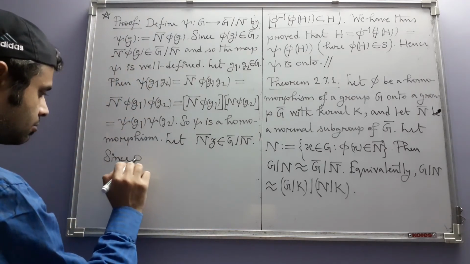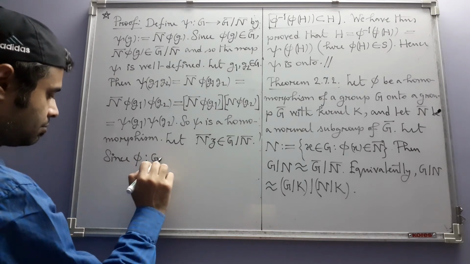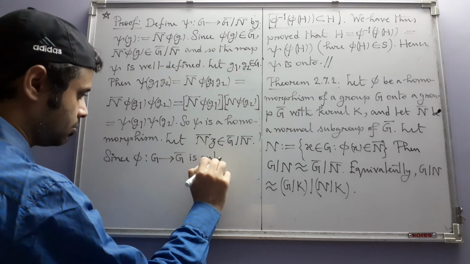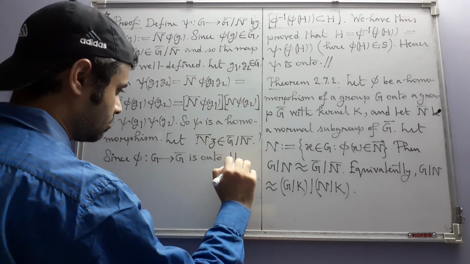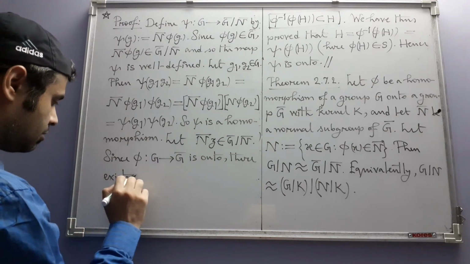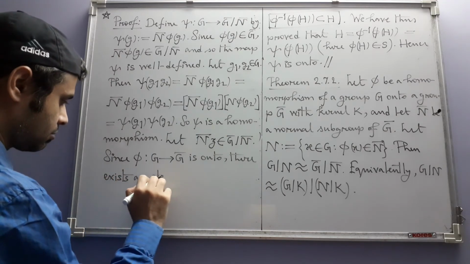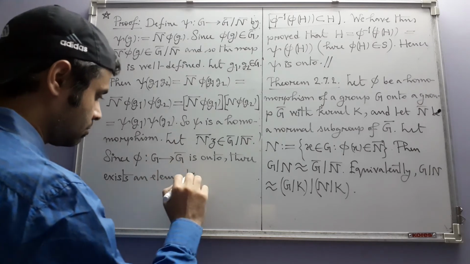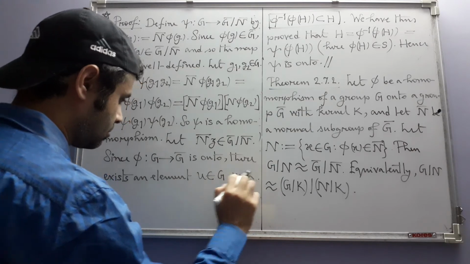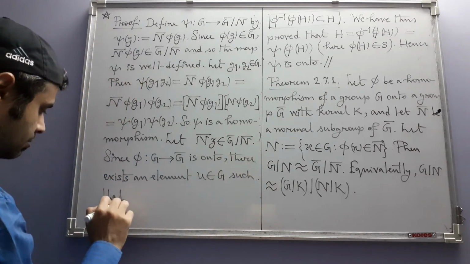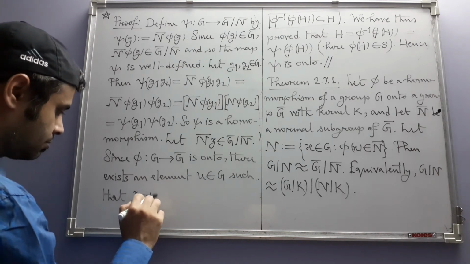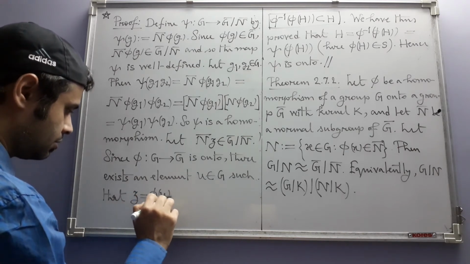Since phi from G to G bar is onto, there exists an element u belonging to G such that z is equal to phi of u.